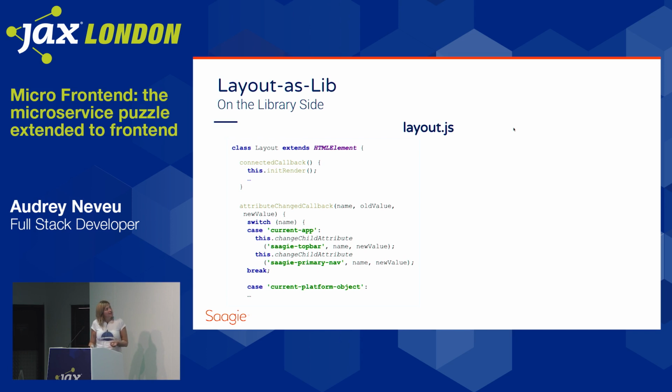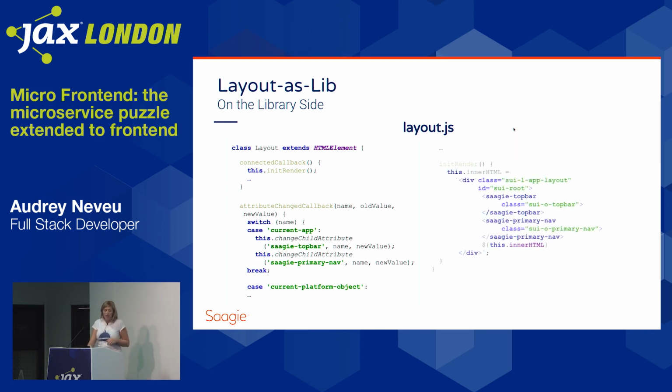You may have noticed that the render method is there called initRender, even if it's looking very, very similar to the render method we were having in our first try. The reason is that instead of having this getPage method we were calling to know which component to display, this time we're having this inner HTML. And this inner HTML, when the component is loading at first, is the existing application.